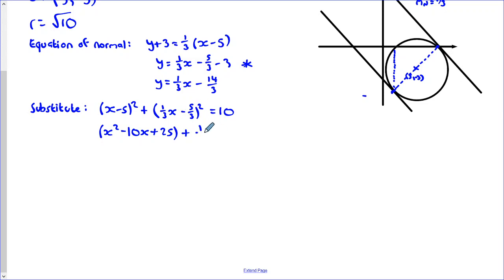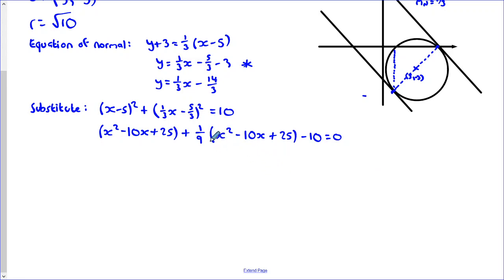So just to make it neater, I'm going to factorize the ninth out at this stage. So I would get x squared minus 10x plus 25 from that bracket as well. And then subtract 10 from this side, so it's all equal to 0.